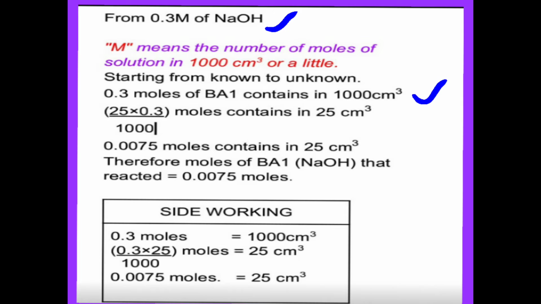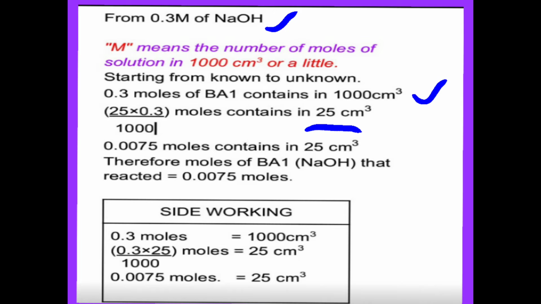Okay, so after writing that statement, we need to go back and find out which volume of Ba1 reacted. In this case, the volume of Ba1 which reacted was 25. So if 0.3 is contained in 1000 cubic centimeters, what about 25?